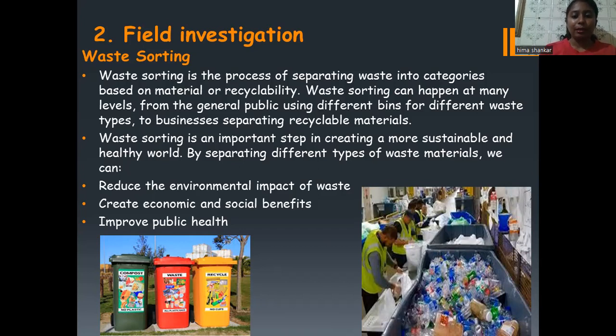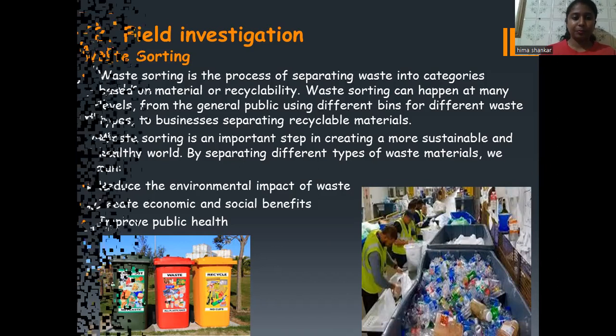By separating different types of waste material, we can reduce the environmental impact of waste, create economic and social benefits, when they are recycled they can be consumed, and improve public health.